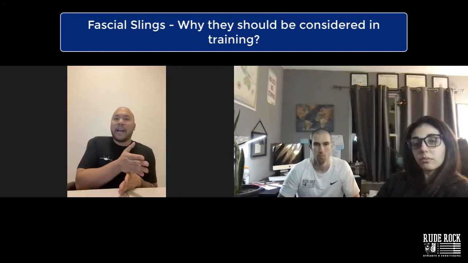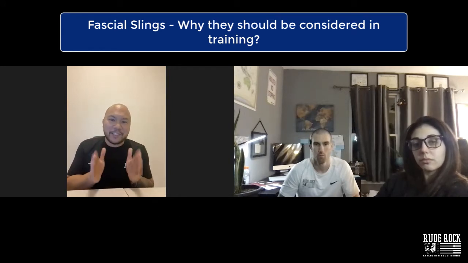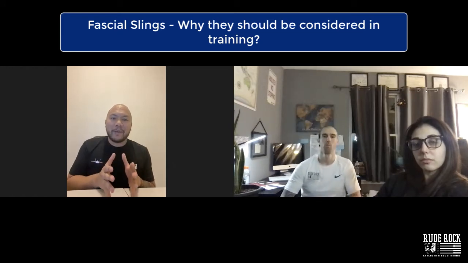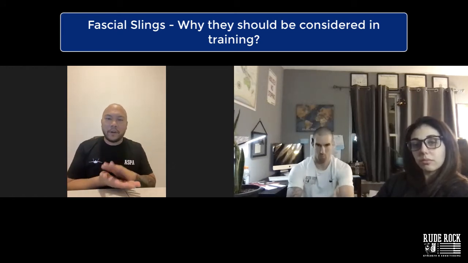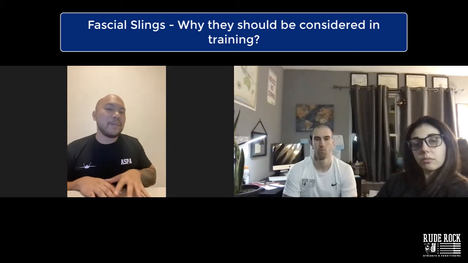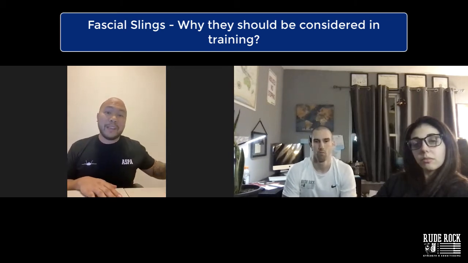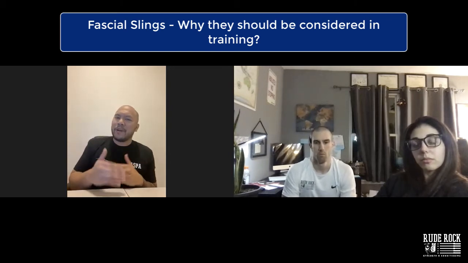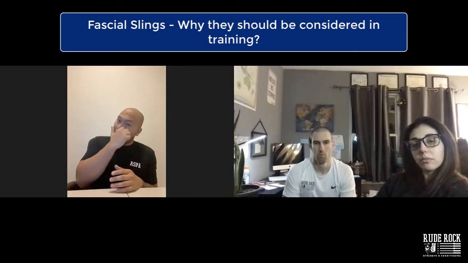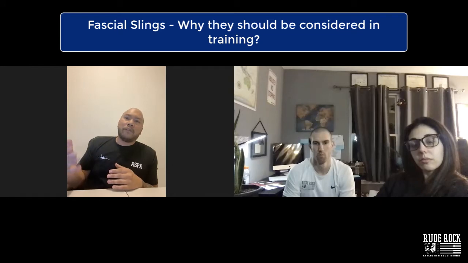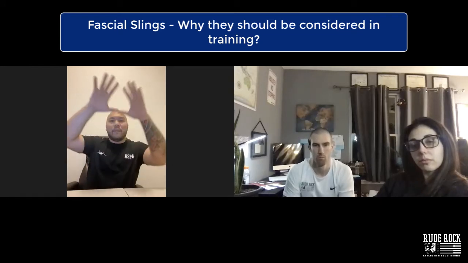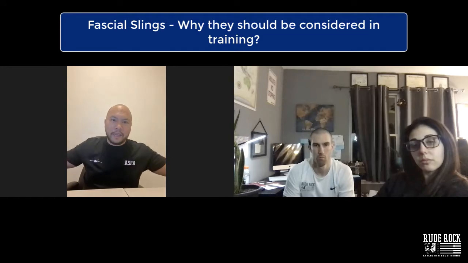On the other half, maybe they're stuck in a sagittal plane where they're continuing to do all these phase one, phase two kind of rehab work when they're in the later phases and they're only training one sling. So to me, in the rehab world, fascial slings should be kind of the umbrella view of things.